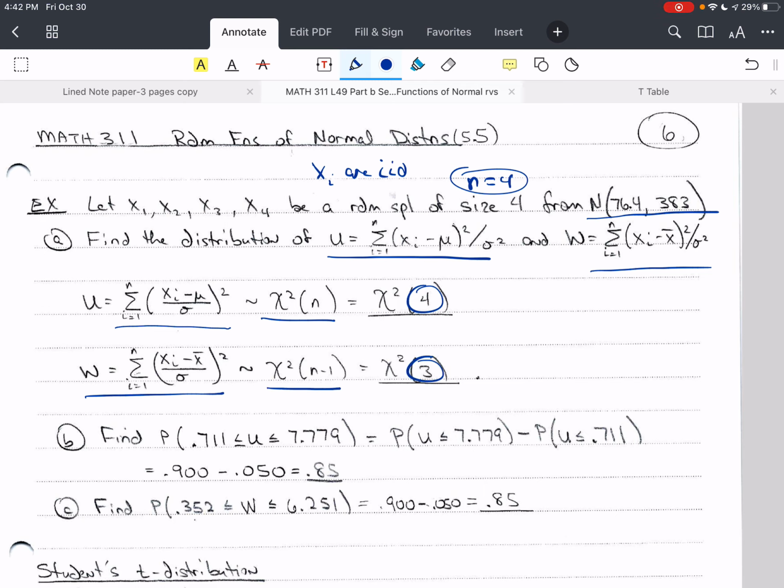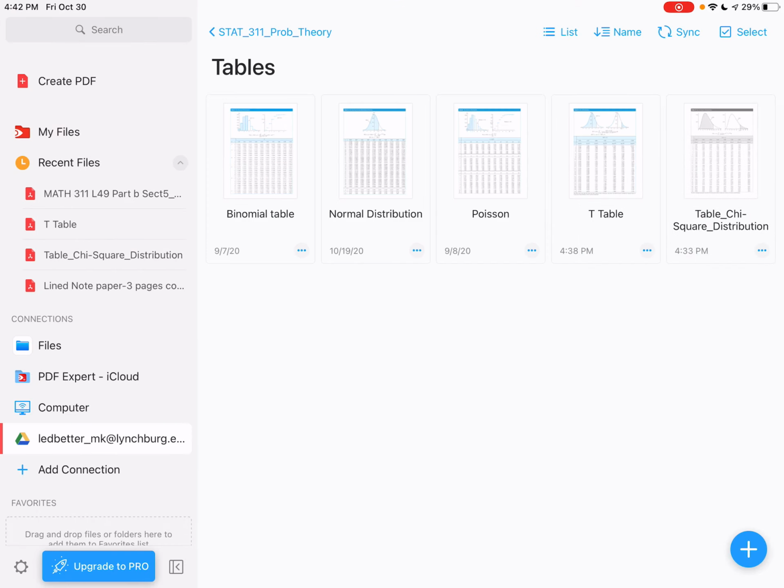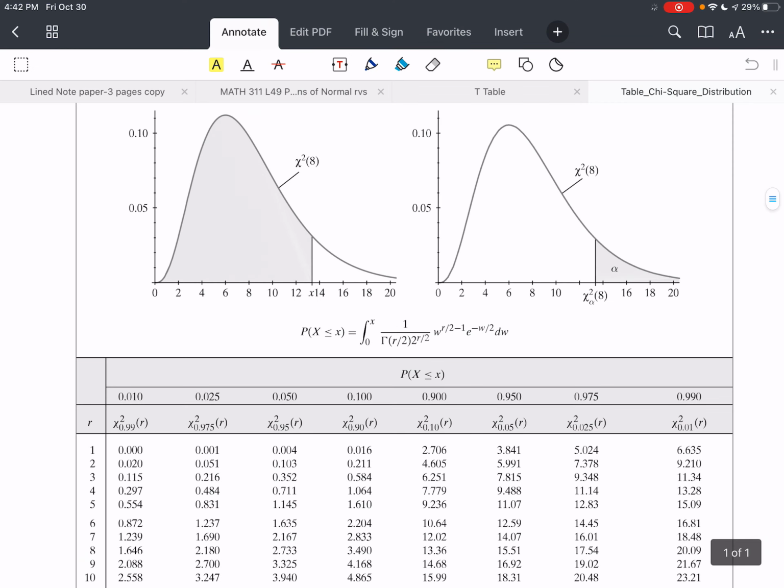And now we want to find the probability that u is between 0.711 and 7.779, okay? And remember that u has 4 degrees of freedom. Let's open up our chi-squared table and look at 4 degrees of freedom.